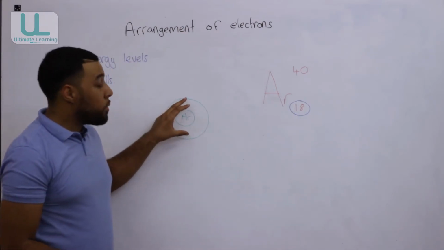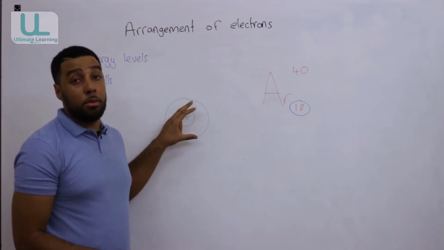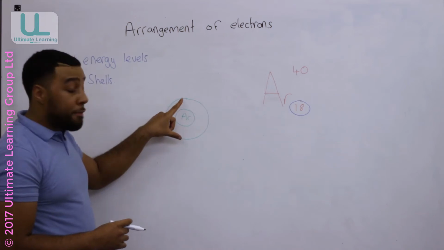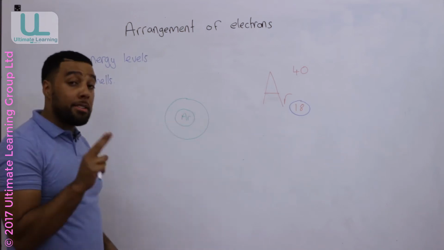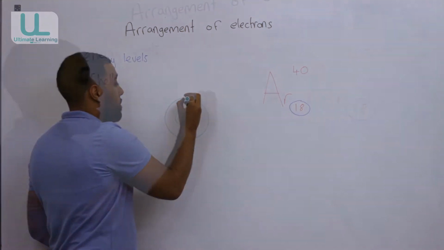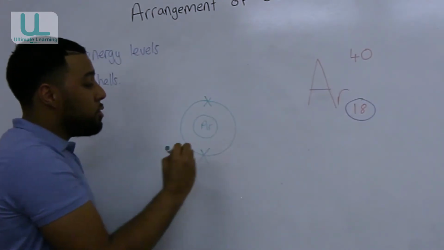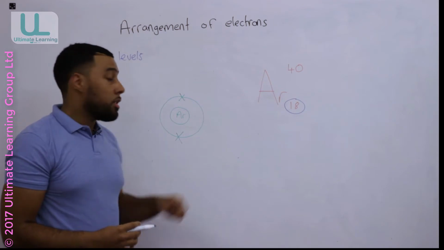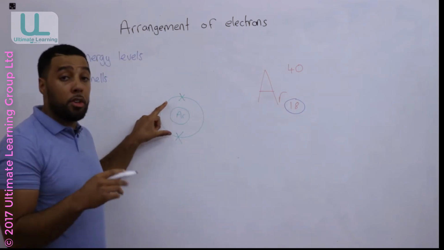We always fill the first energy level or the lowest energy level first. This first energy level can fit a maximum of 2 electrons. And we tend to use crosses in chemistry to represent those electrons. So there's my 2 in the first shell.